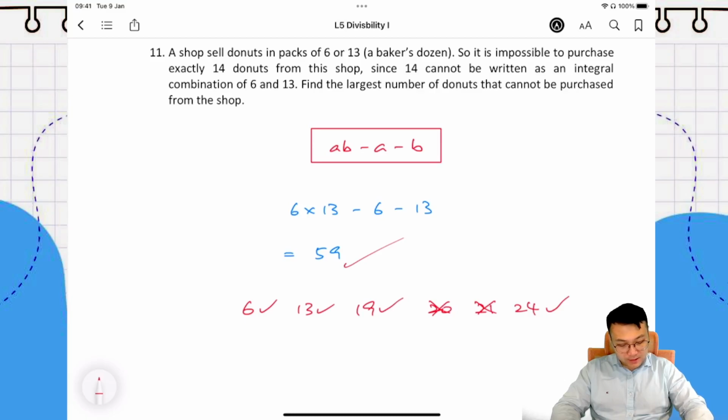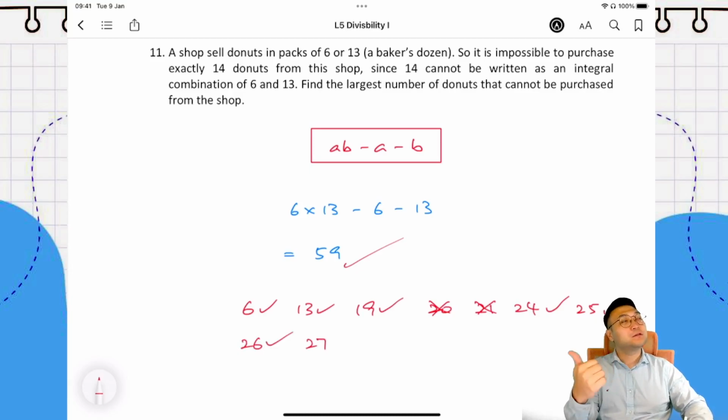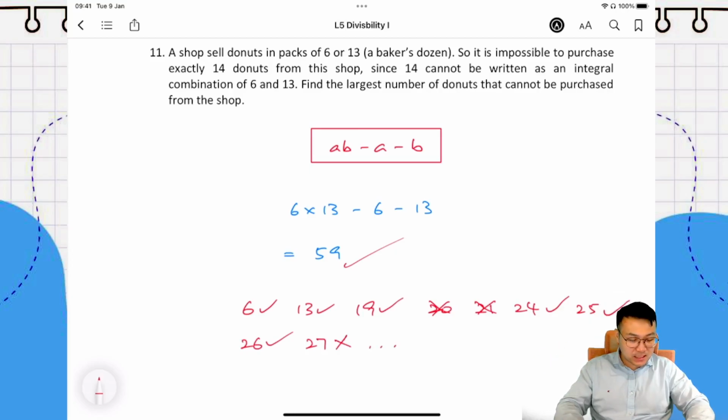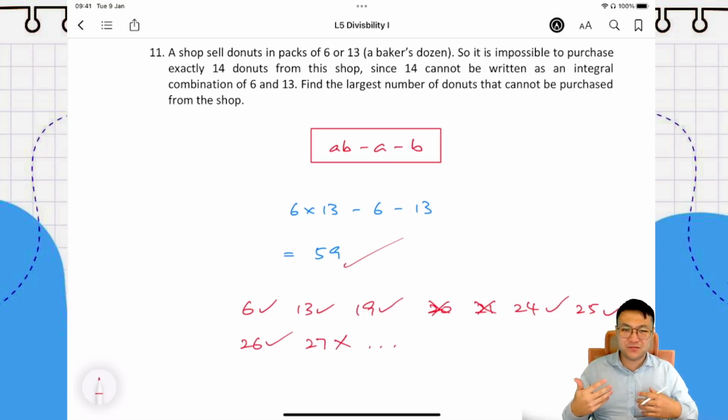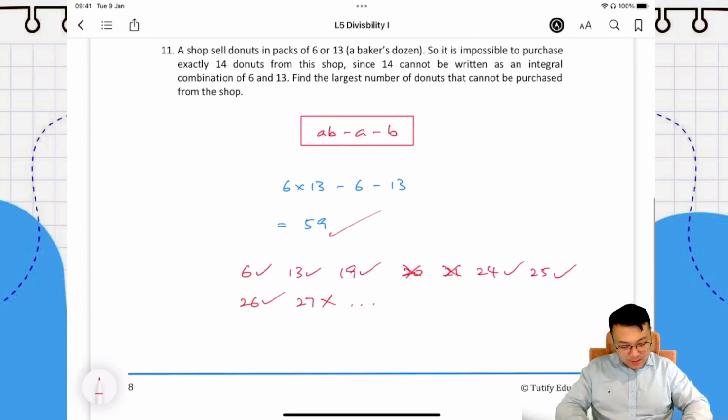Then can you buy 6 plus 6 plus 13? 25. Yes. But it's going to take a very long time for you to just make a list. Can I buy 26 donuts? Yes. Can I buy 27 donuts? Then you have to think, 6 plus 13 plus 13. No, you can't. Then you have to keep on making a list. And then you slowly ask yourself, can I buy this? Can I buy this? So, students, forget about the long method.